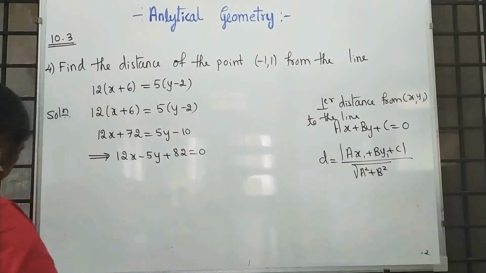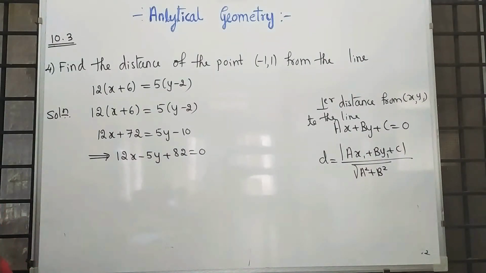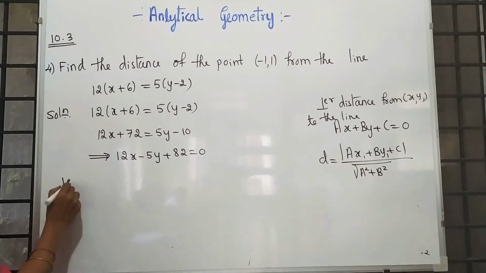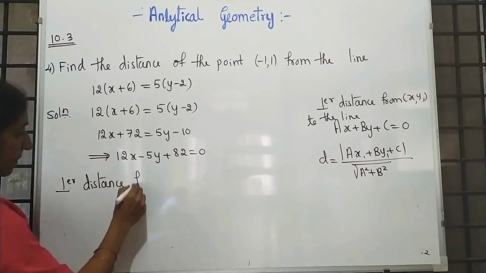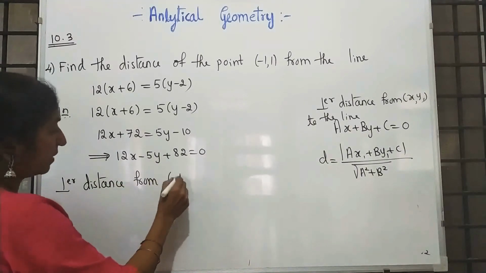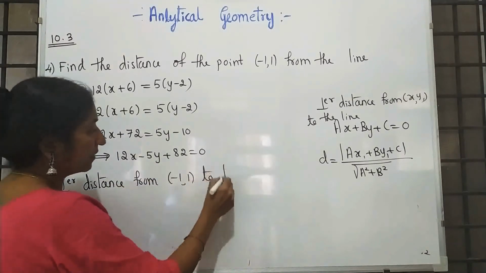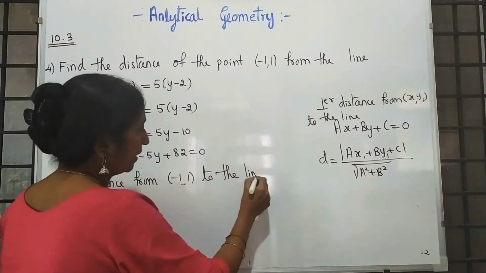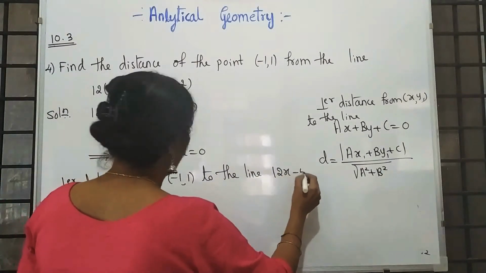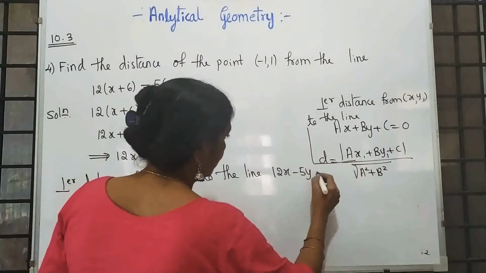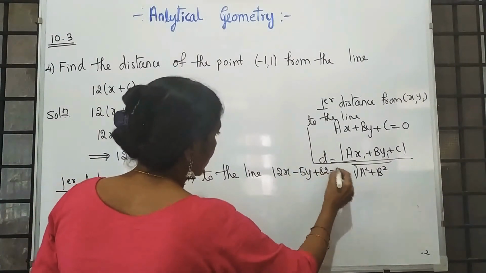So here, using that formula, the perpendicular distance from minus 1, 1 to the line 12x minus 5y plus 82 is equal to 0.